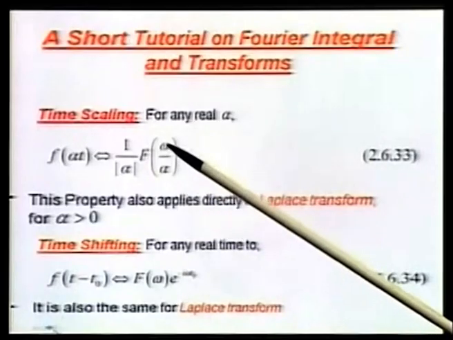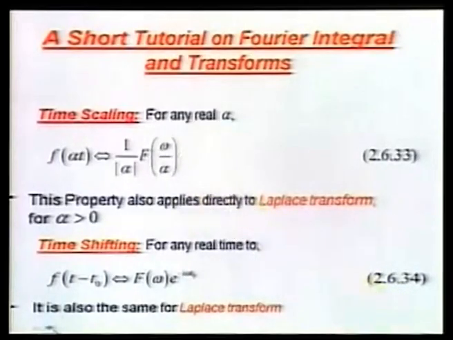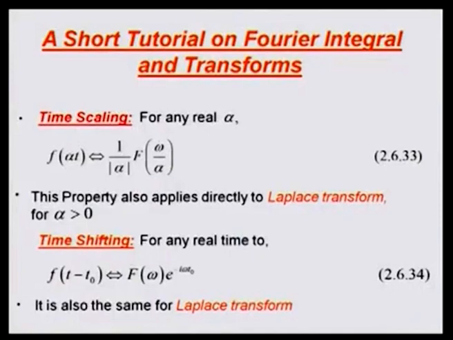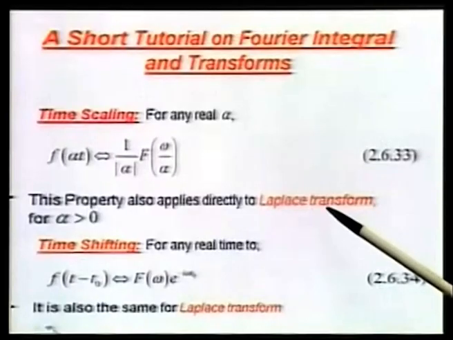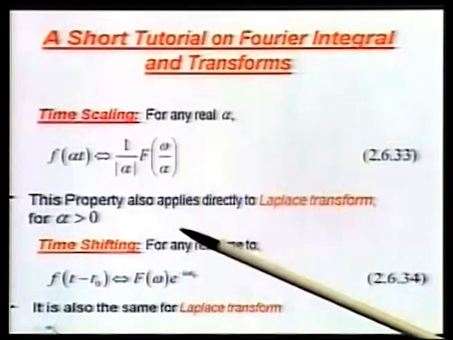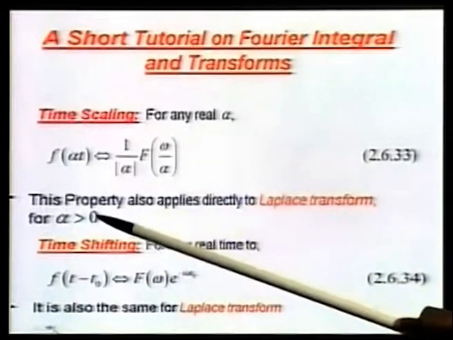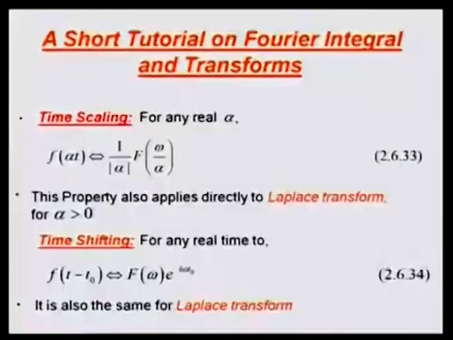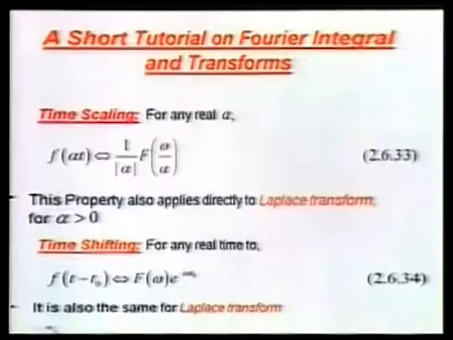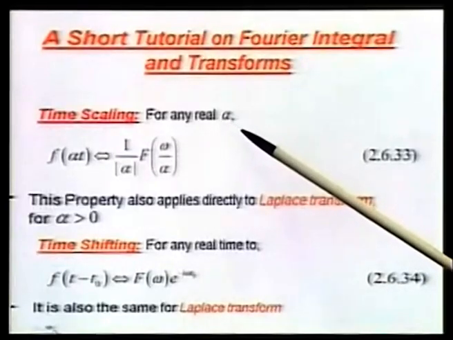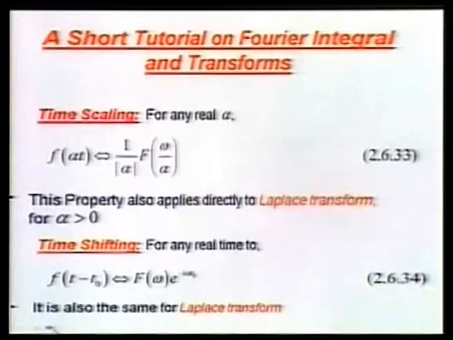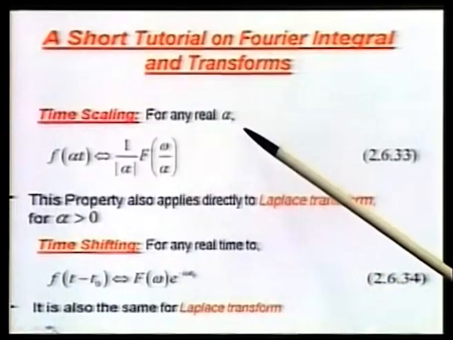So, that is essentially a fallout of this time scaling theorem. So, you can benefit from it, and this property also will directly apply to Laplace transform for alpha positive. Okay. Incidentally, alpha here is not that wave number, it is a real constant alpha.